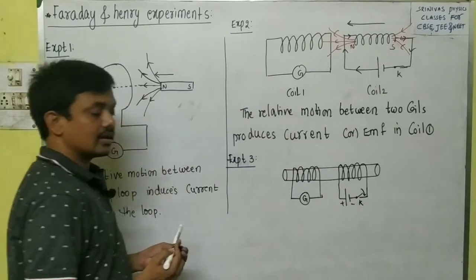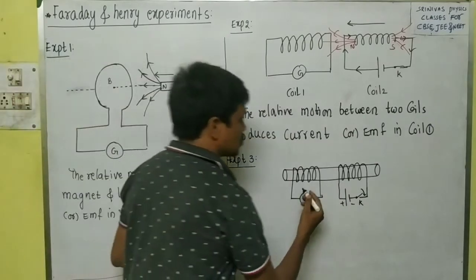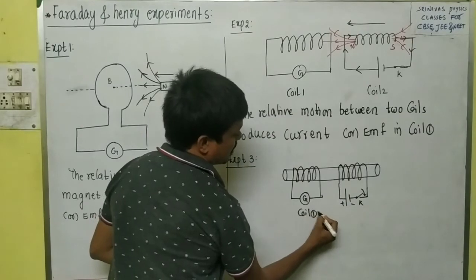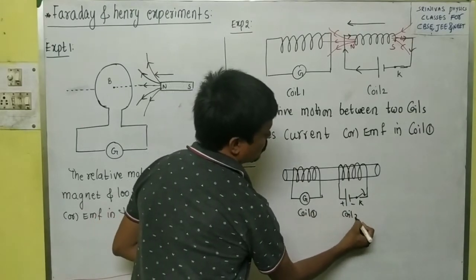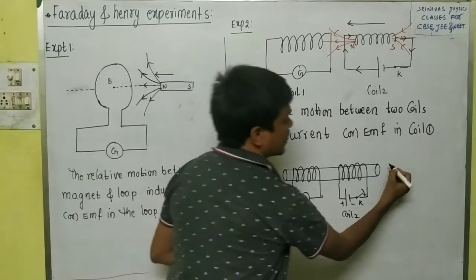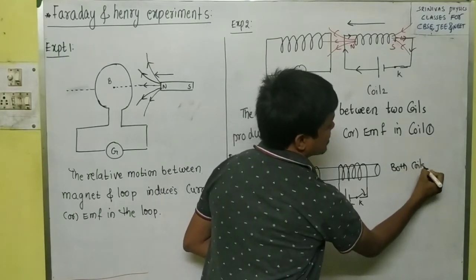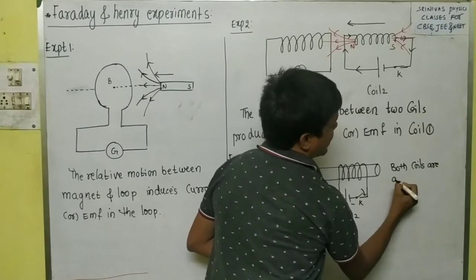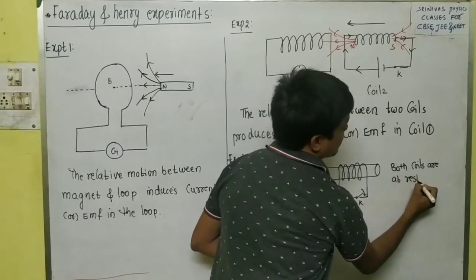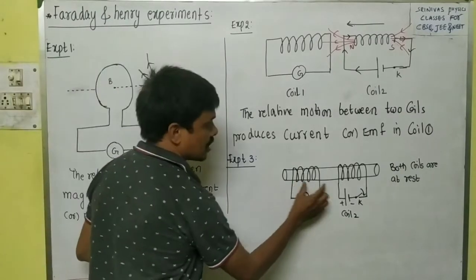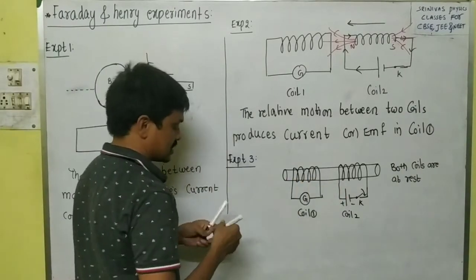And here these two coils, coil 1 and coil 2, are at rest. Both are at rest in this case. They are insulated, and this is some soft iron.